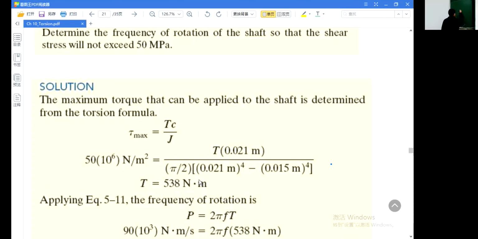Suppose the torque is T. Tau max is Tc over J. Where is the tau max? Yes, it is the surface, so you have to use the radius as the distance.